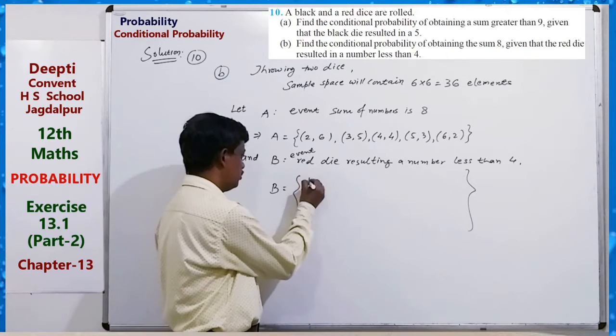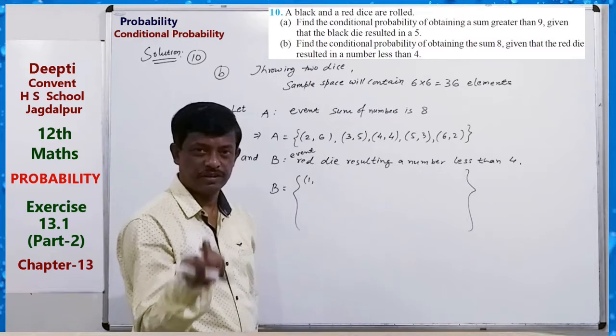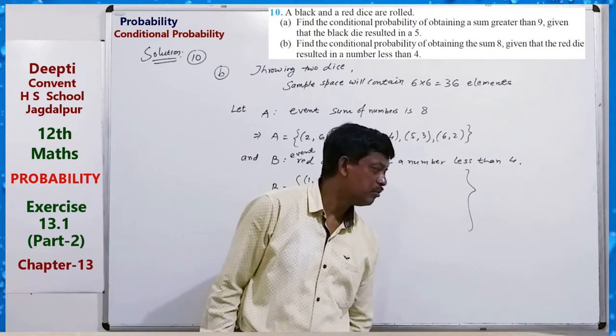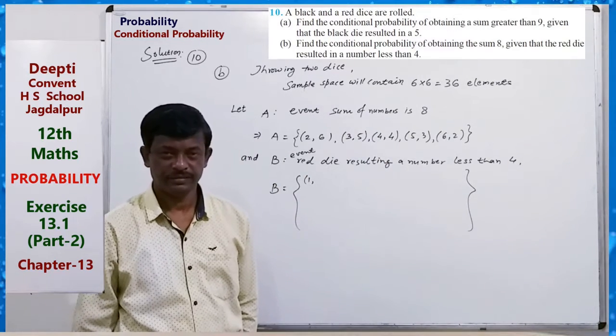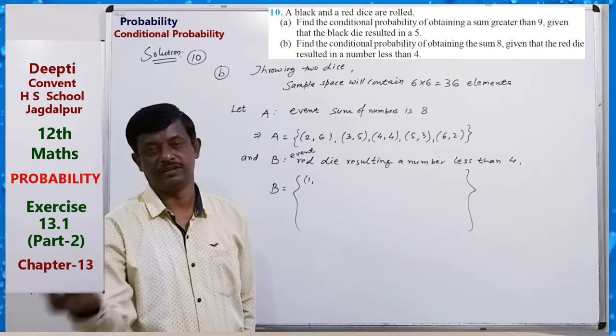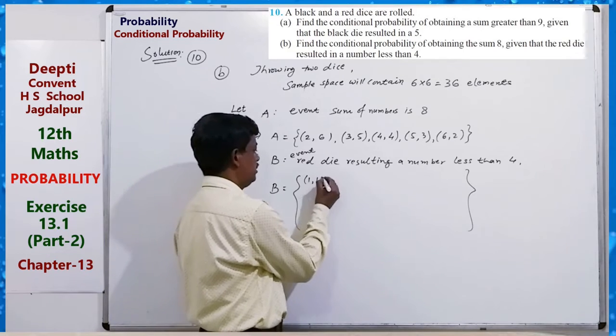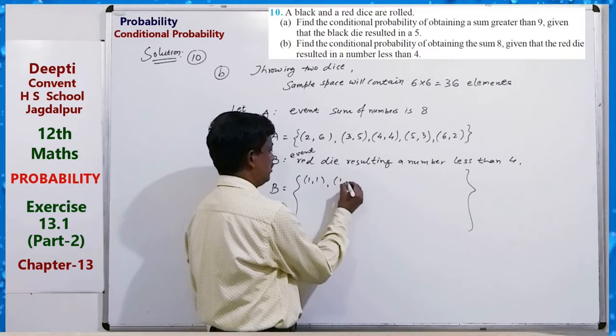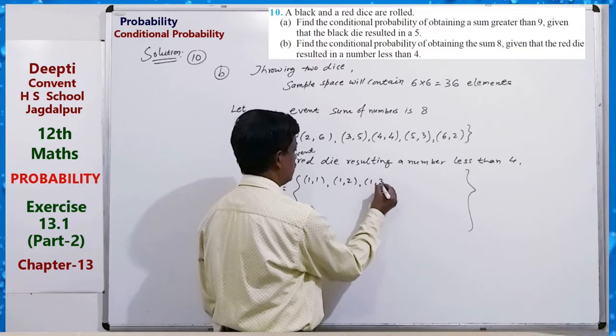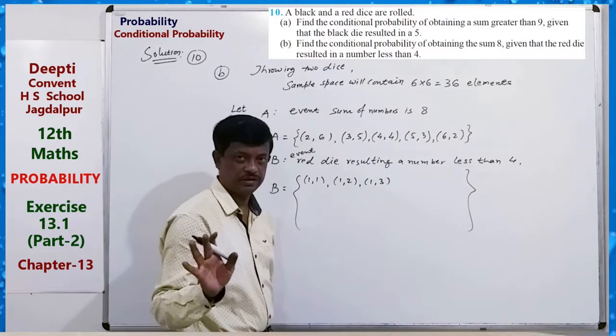Suppose the first die shows 1. In the second, what will be the number? 1, 2, 3. Just up to that.